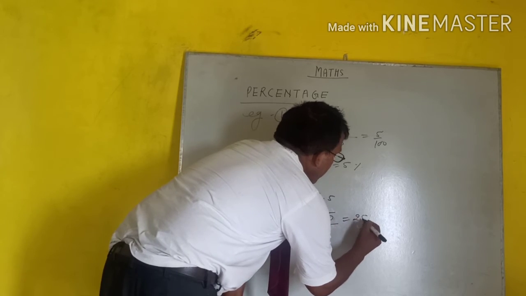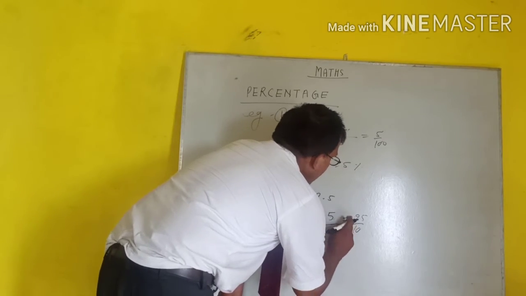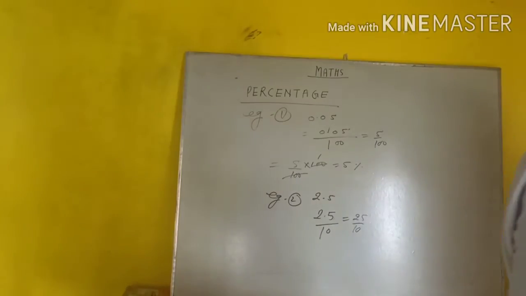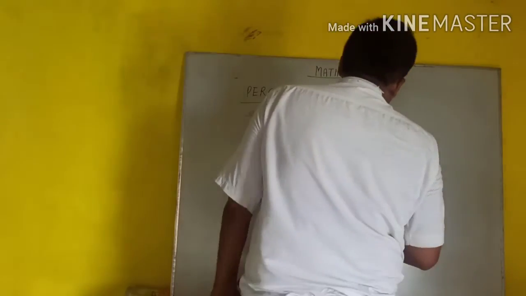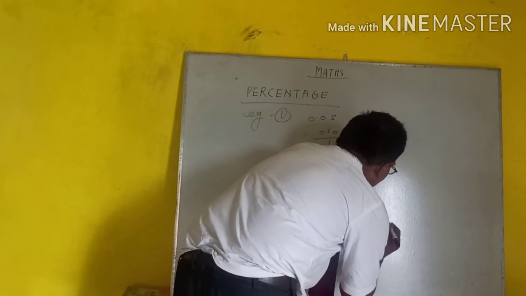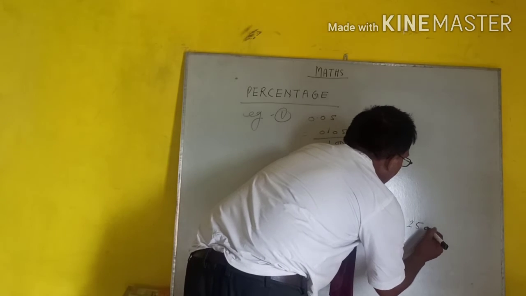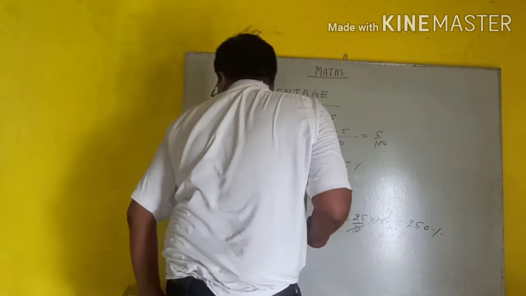It becomes 25/10. How do you convert 25/10 into a percentage? You multiply it by 100. Here 10 times 10 is 100, and 25 into 10 is equal to 250%.